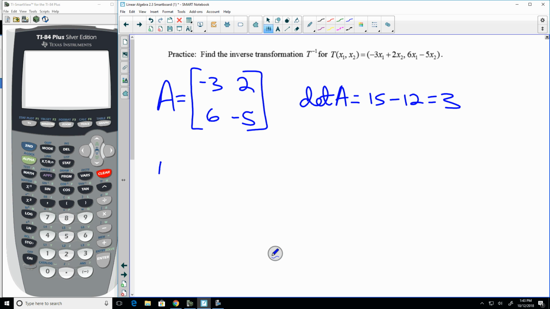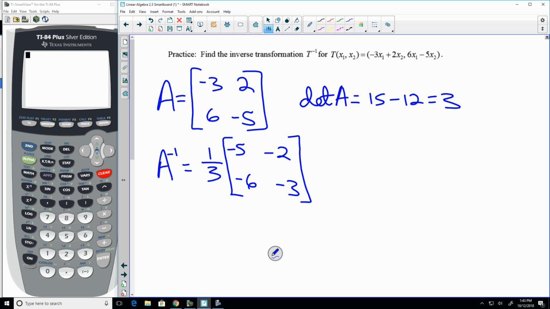So A inverse is 1/3 times the adjoint. So I'm going to switch the main diagonal. I'm going to switch the signs of the other diagonal. So that's negative 5/3, negative 2/3. This is negative 2 and negative 1.